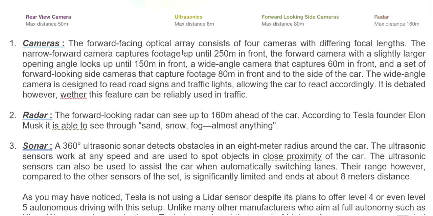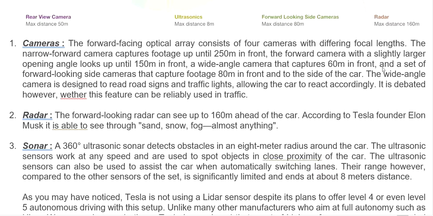The forward-facing optical area consists of 4 cameras with differing focal lengths. The narrow forward camera captures footage up to 250 meters in front, and the forward camera with a slightly larger opening angle looks up to 150 meters in front, and the wide angle camera captures 60 meters in front.